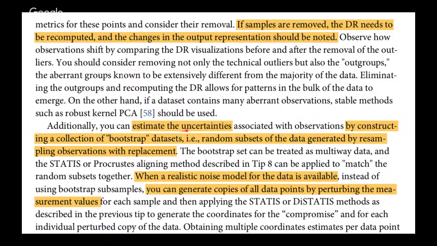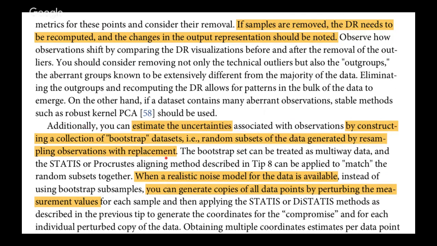Additionally, you can estimate the uncertainties associated with observations. This is another aspect of it: how can you check how stable your data is? One is to construct a collection of bootstrap data sets, random data sets generated by resampling observations with replacement.